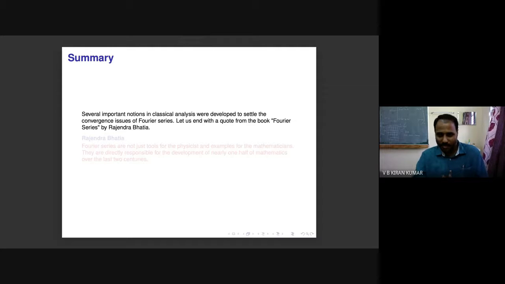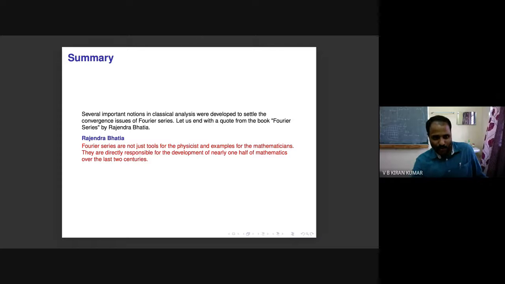Let me quote from the book on Fourier series by Rajendra Bhatia. It says: Fourier series are not just tools for physicists and examples for mathematicians. They are directly responsible for the development of nearly one-half of mathematics over the last 2 centuries. This is something that motivated me a lot personally.